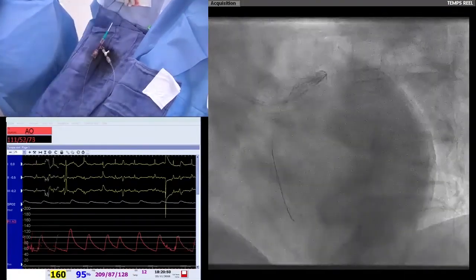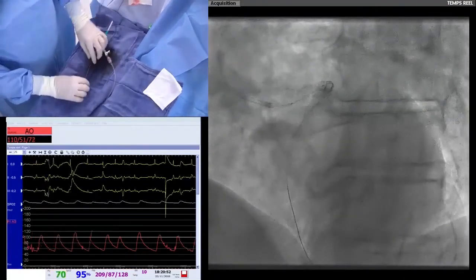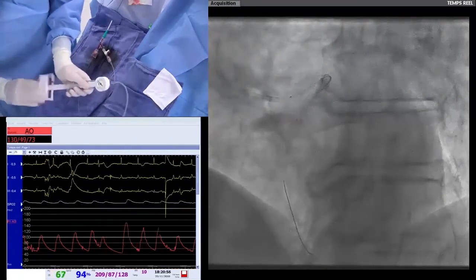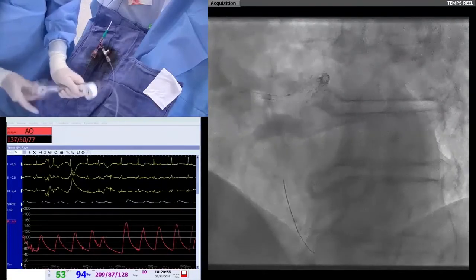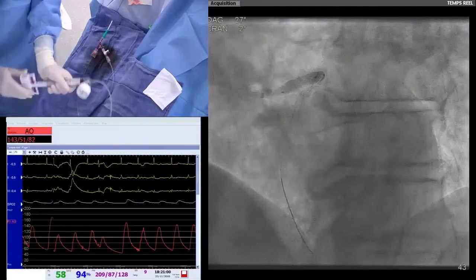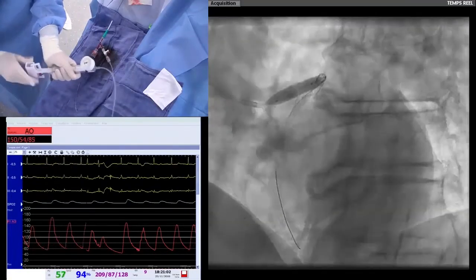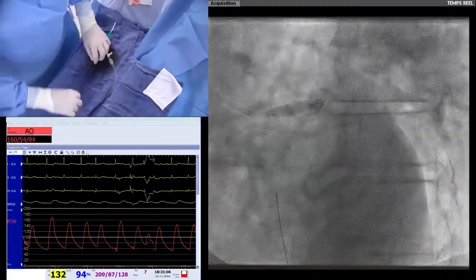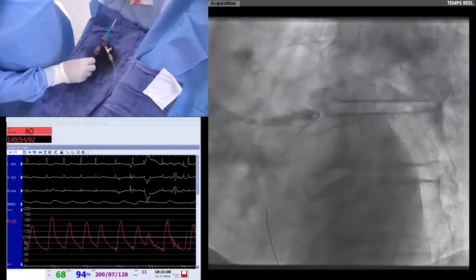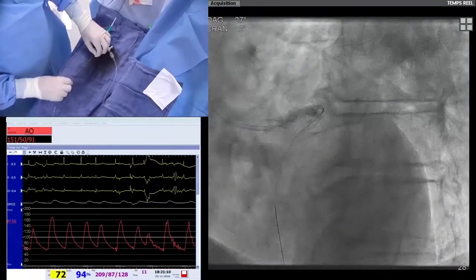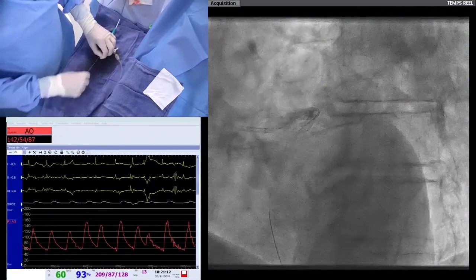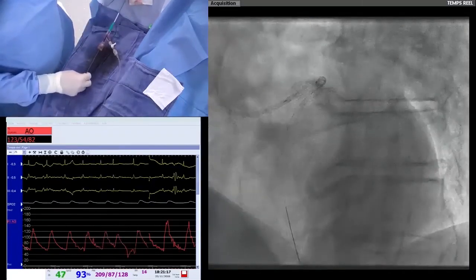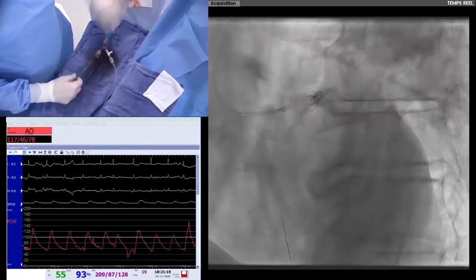I don't know the percentage, but in general, when we have a complex lesion with complex patients, we prefer to use ticagrelor rather than clopidogrel because you are sure that you have a higher antiplatelet aggregation. And in general, it's our habit to use ticagrelor, it is probably better than clopidogrel if possible.